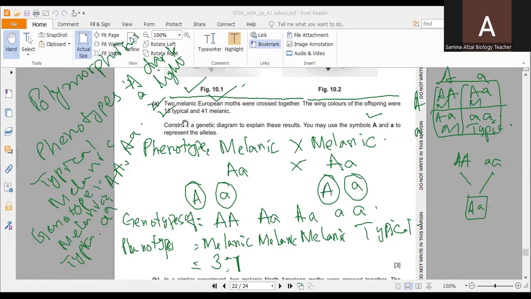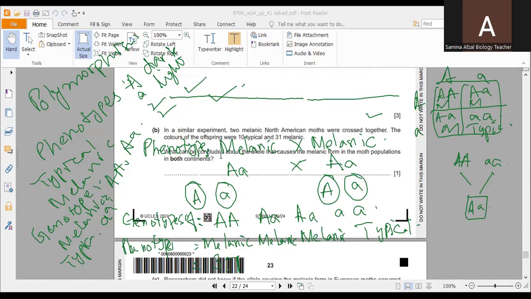For this, the parent genotypes were capital A small a and capital A small a. Because capital A is dominant, if a single copy is present it can represent itself, whereas the recessive small a will only appear when it is in the homozygous recessive condition. So here, this is the genetic diagram.